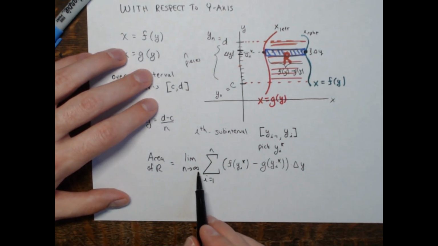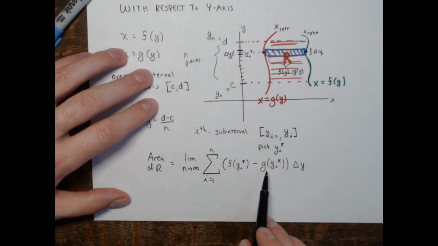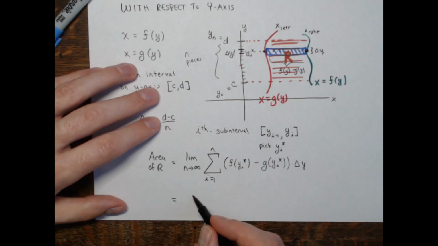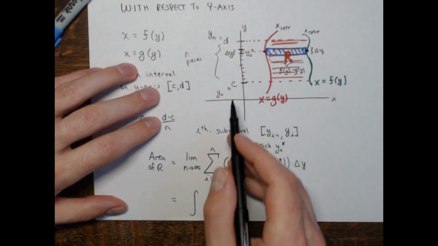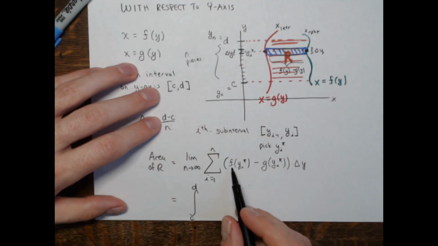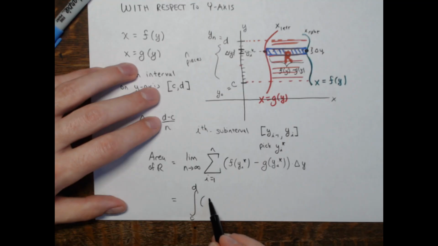Well, if I have n go to infinity, hopefully, again, this looks familiar. This is your setup for a definite integral. This would just be the definite integral from y equals c to d of f of y minus g of y dy. It's all with respect to the y coordinate, y axis.